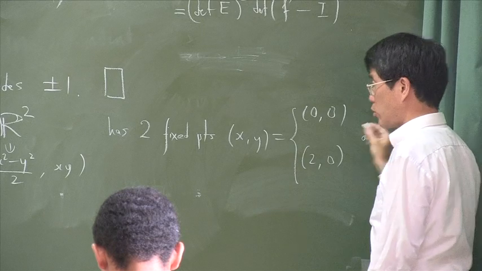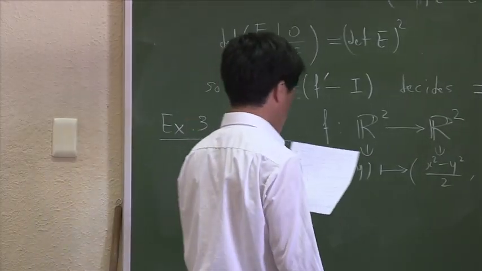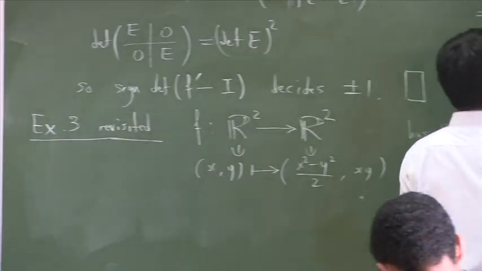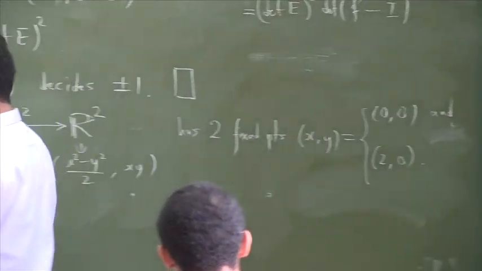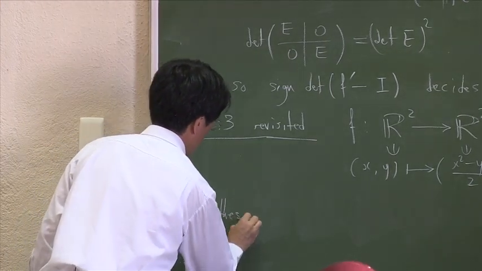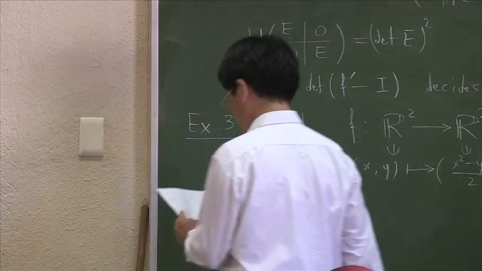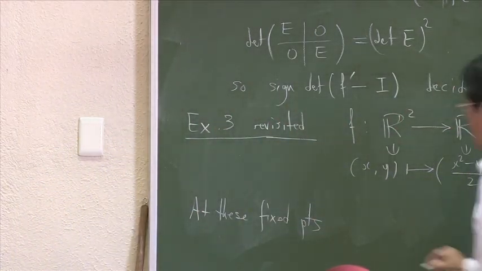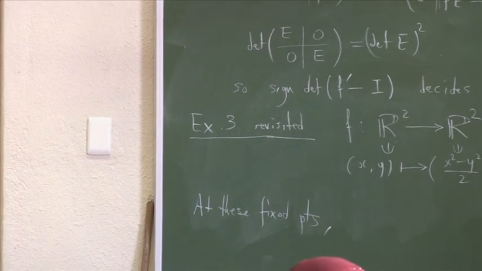And so those are the 2 fixed points, and we shall compute the signs at those points. At these fixed points, I'll continue over there. Sorry.